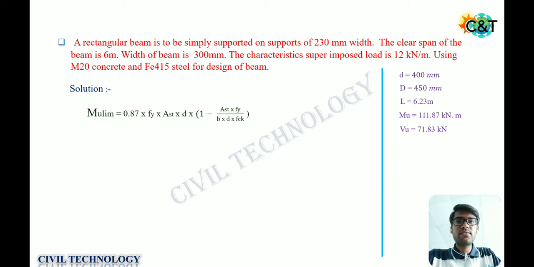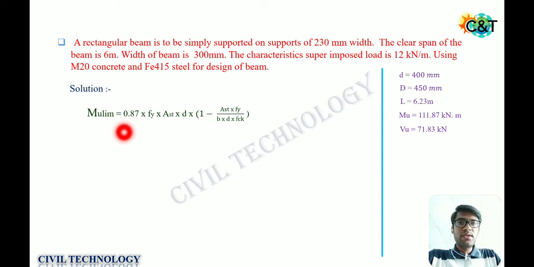For that we have a formula. This is the formula: MU limit or MU, whatever design moment we consider, that value can be taken here. It may be MU limit or it may be MU, depending on the value of your moment.